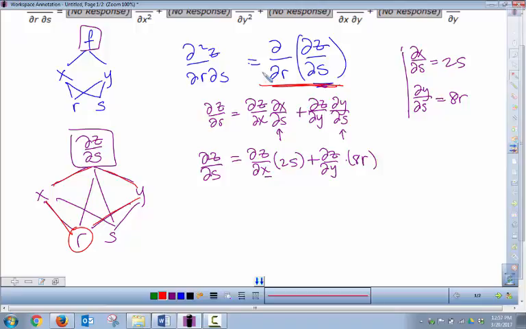Okay. So I don't know if we want to go through this way. Let me scratch this and take a look at this. I think we essentially want to take the derivative of this thing with respect to r.